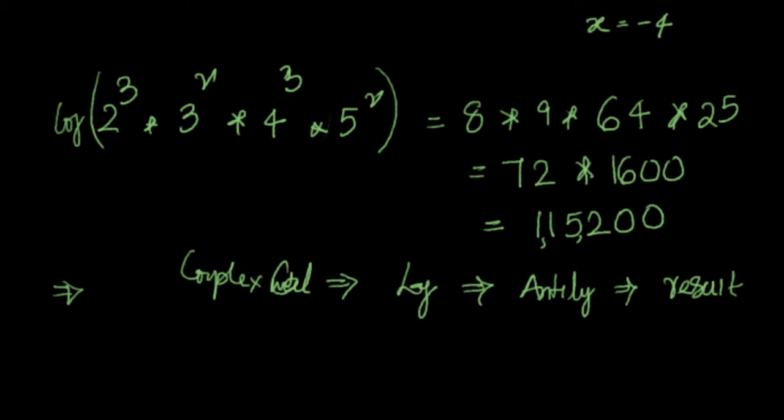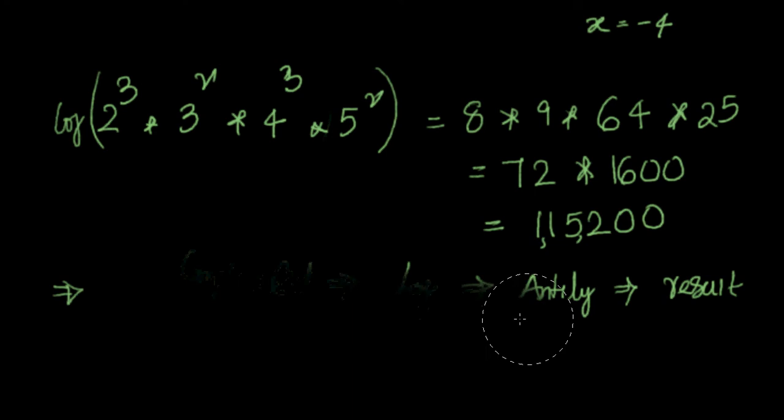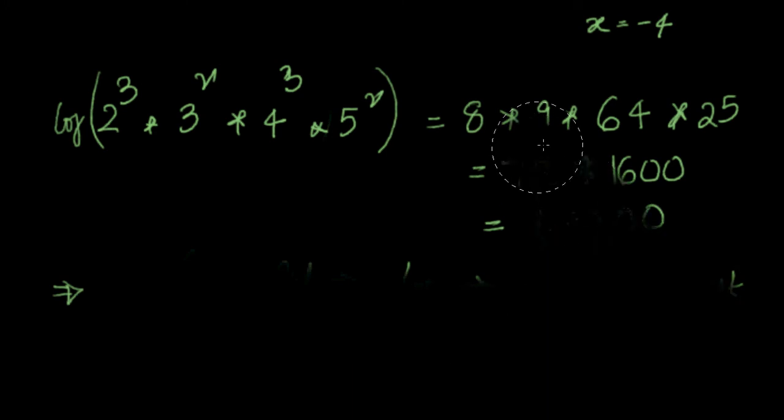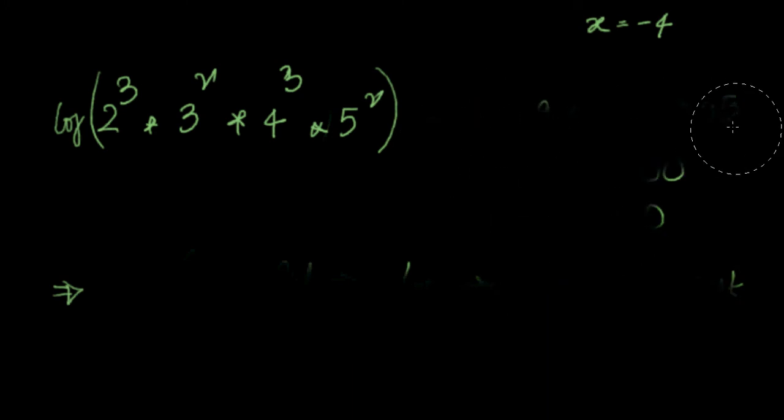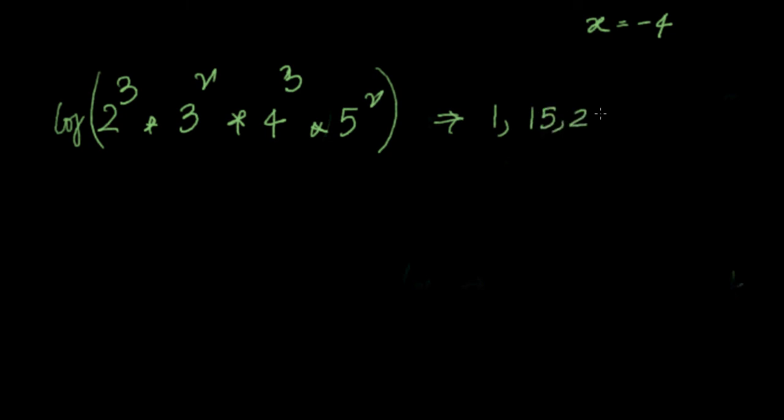Let me take this example and explain it to you. Okay, I am erasing this. This also you can erase. I think you will just remember that that's nothing but equal to 1,15,200. Now if I apply logarithm and again apply the anti-log, I should get the value. So what they used to do is something like this.